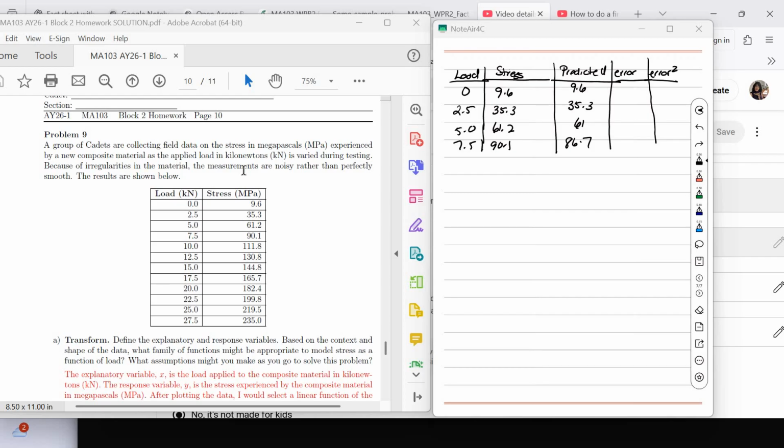The error is going to be the difference between the actual, which is right here, and predicted. So it's actual minus predicted, A minus P. So the error here, we have 0 for the first one, 0 for the second one. The third one, however, I get 61.2 minus 61.